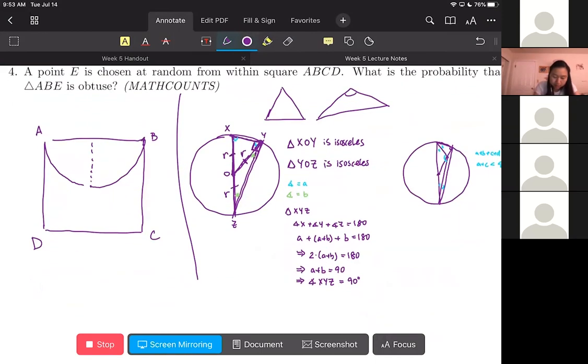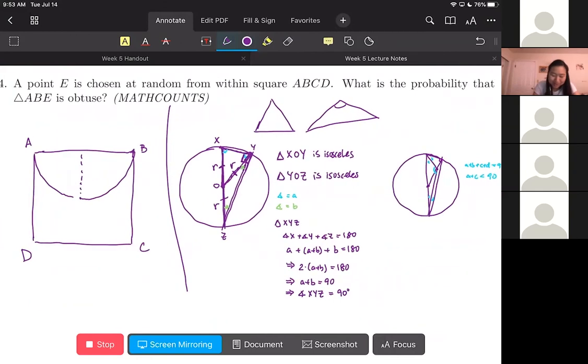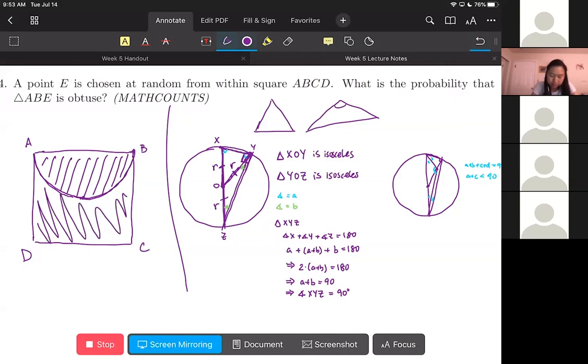Now, with those facts that we learned, when is ABE obtuse? When E is in the semicircle. Yeah, so if E is within this circle, then it's going to be obtuse. If E is on the circle, then it's going to be a right triangle. And if E is outside the circle, basically in this region, then it's going to be acute.